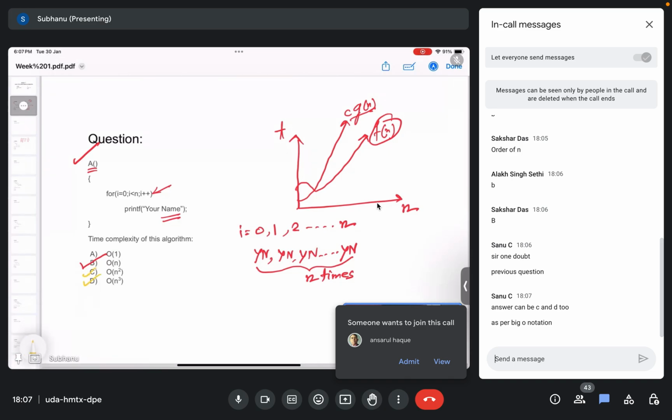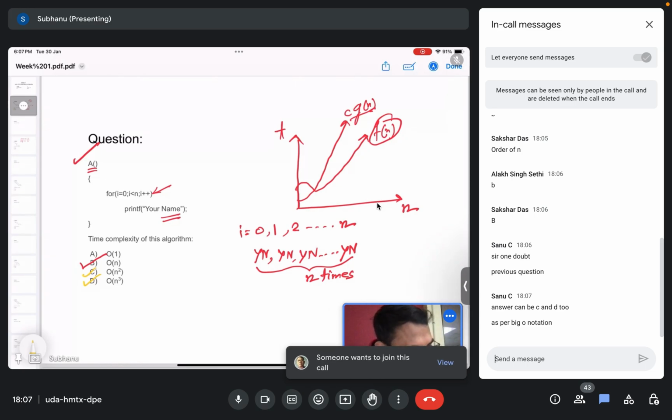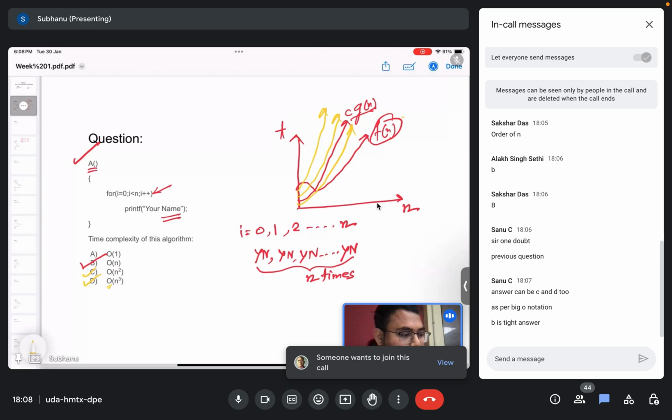Yes, you are right, because this is our function f(n), and you can draw as many functions above this f(n). But we wanted to find the big O, the worst case complexity. So we will be taking the lower bound in this case.